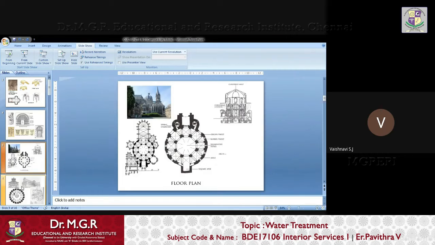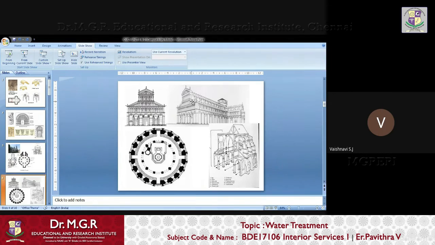So what is this structure? Ma'am, you remember this? Pisa group. Pisa group. Correct. Name of this specific thing. Pisa group, here I have marked for you.